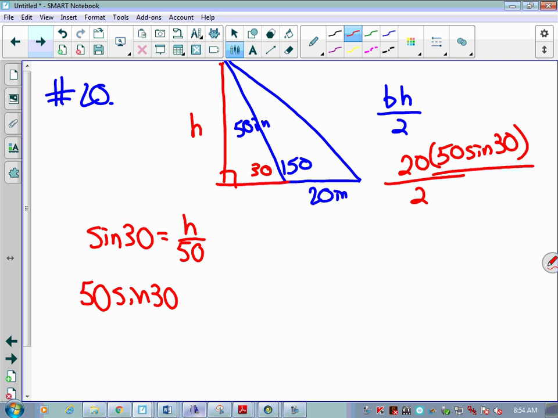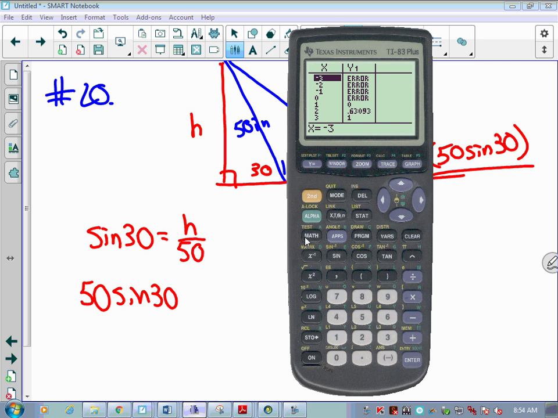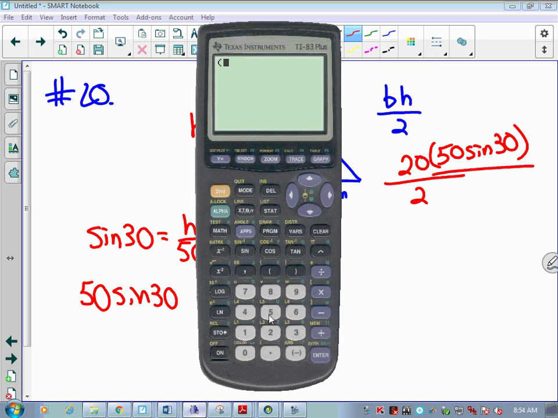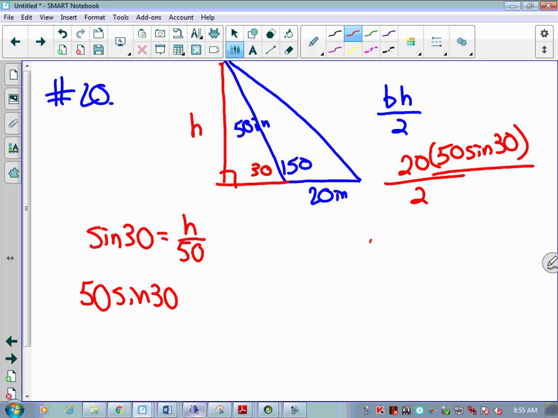So if I want to plug all this into my calculator in one shot, 20, and we got 50 sine 30 divided by 2, and I get exactly 250 inches squared. Does that help you out? Hopefully a little bit. All right.